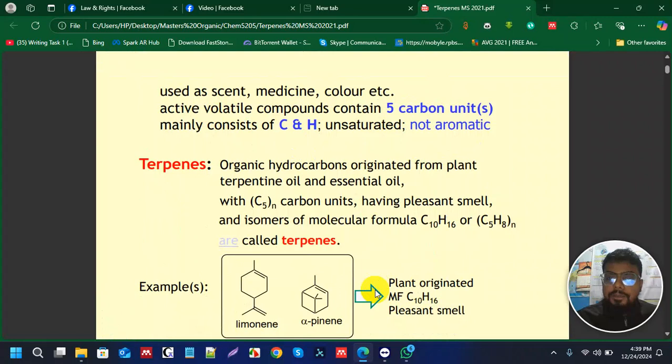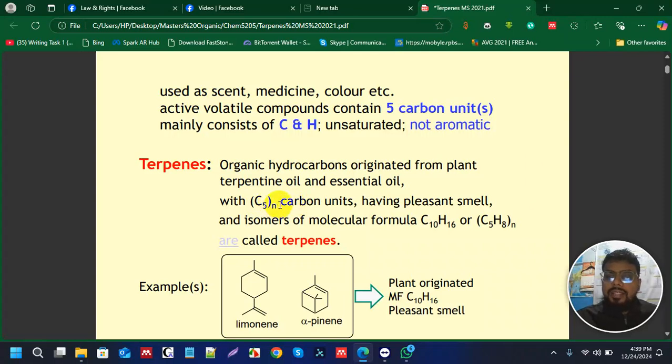And at the same time, with molecular formula C5, that means it contains a minimum of one isoprene unit. We know that in the isoprene unit, the total number of carbons is 5.